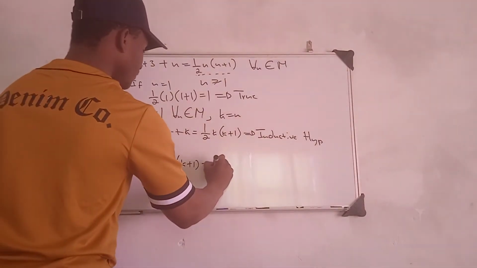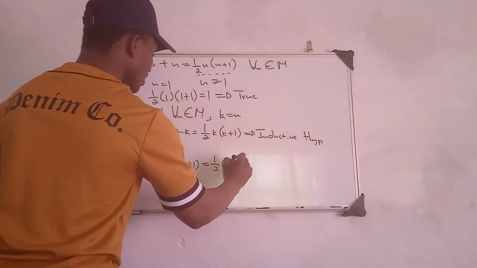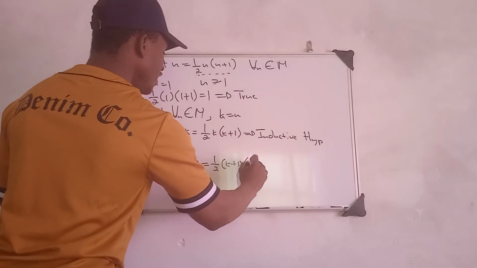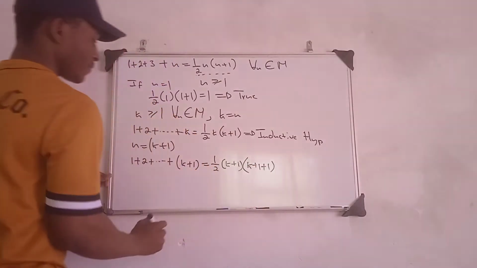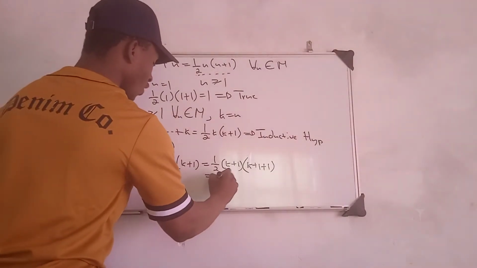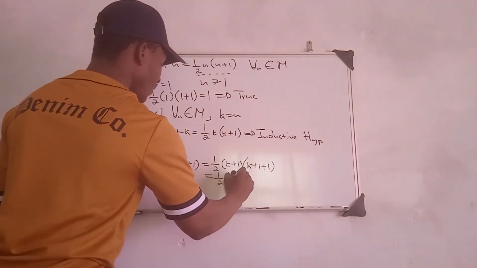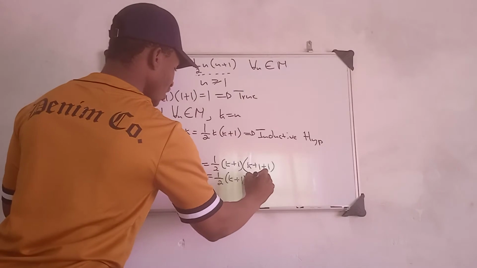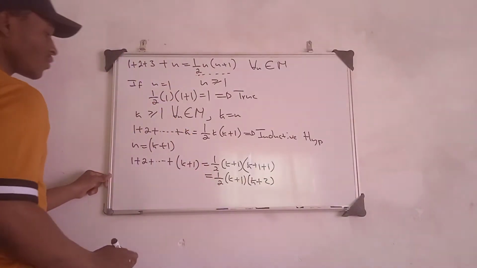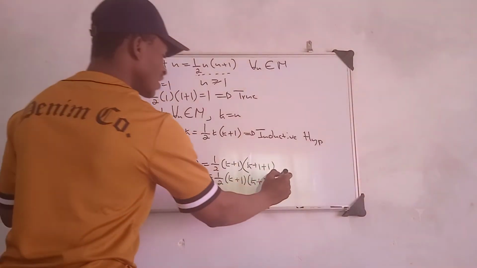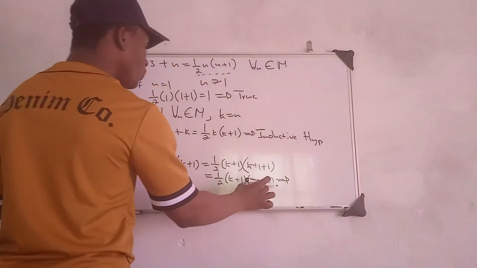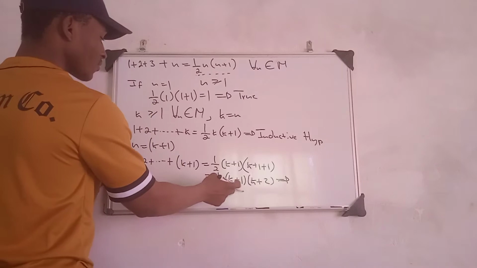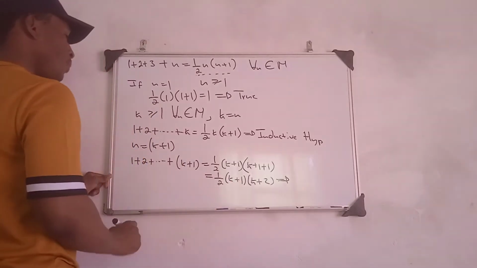And even here, it's going to be k plus 1. And even inside, k plus 1 plus 1. Which is the same as 1 over 2, k plus 1, k plus 2. Like I said, this is what we are required to prove. But we are required to prove this using our inductive hypothesis.